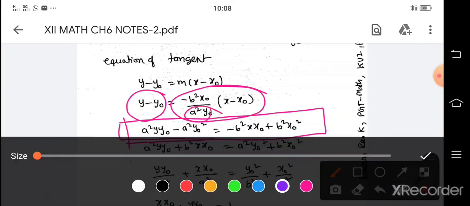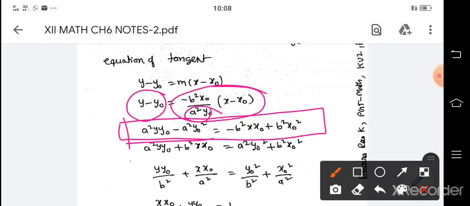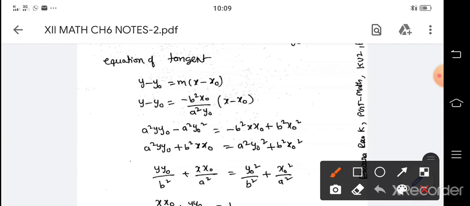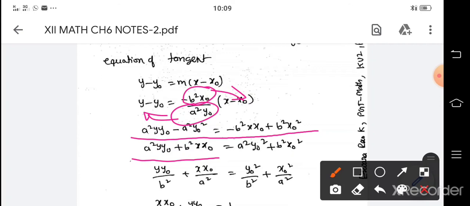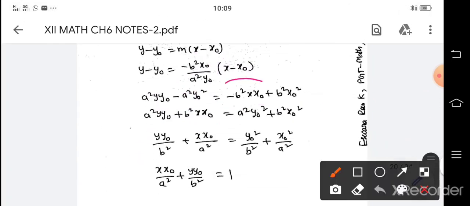Then you get a square y naught minus a square y naught square is equal to minus b square x naught plus b square x naught square, because this is multiplied inside. So it is a square y naught plus b square x naught is equal to this, because this one I got onto the left hand side and this one I sent to the right hand side. So you get the equation like this.